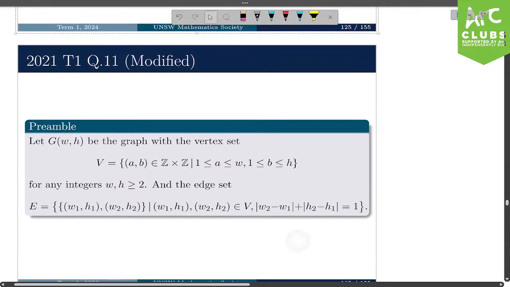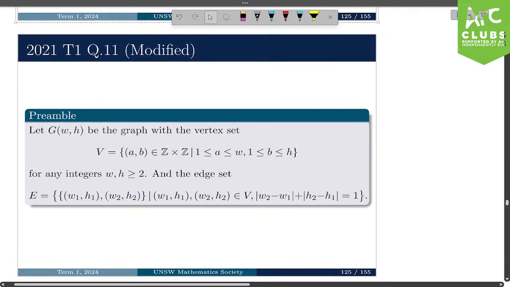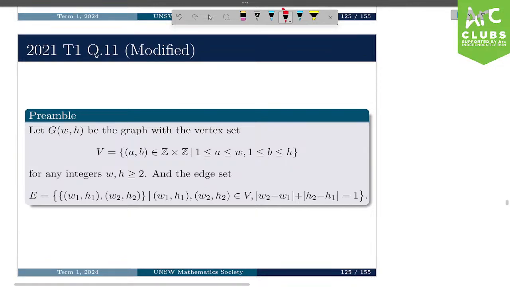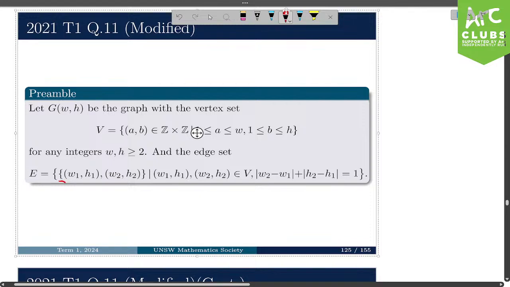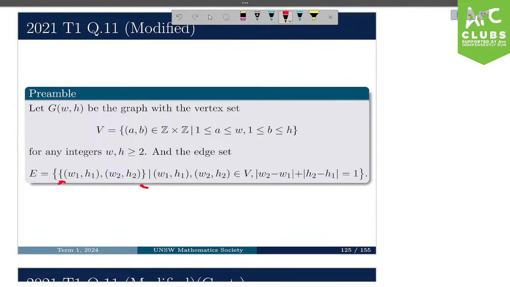And then we also denote an edge set. This is undirected, and you can see it's undirected because they use set notation here. The edge set is between pairs of vertices (W1, H1) and (W2, H2) such that this property holds: the difference between W2 and W1 plus the difference between H2 and H1 is equal to 1.